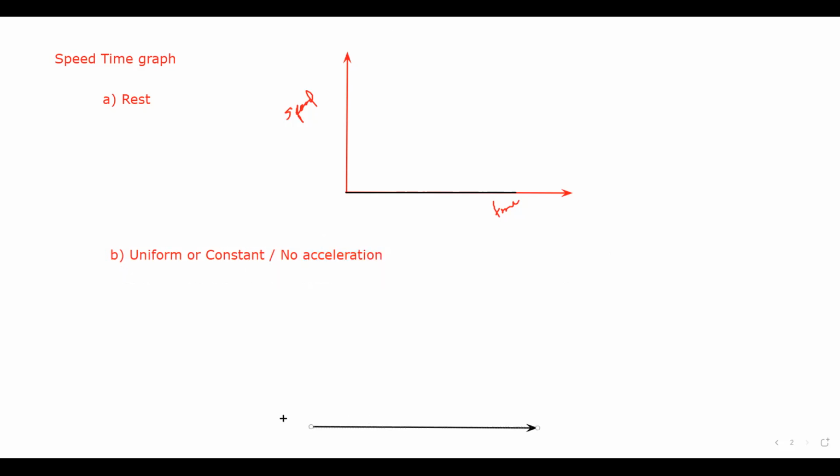On the x-axis we have time, on the y-axis we have speed. So the speed of the object is not changing and there is no acceleration. So what will be the shape of the graph? It will be a horizontal line which shows that the speed is constant, and whenever the speed is constant it means the object is not accelerating.